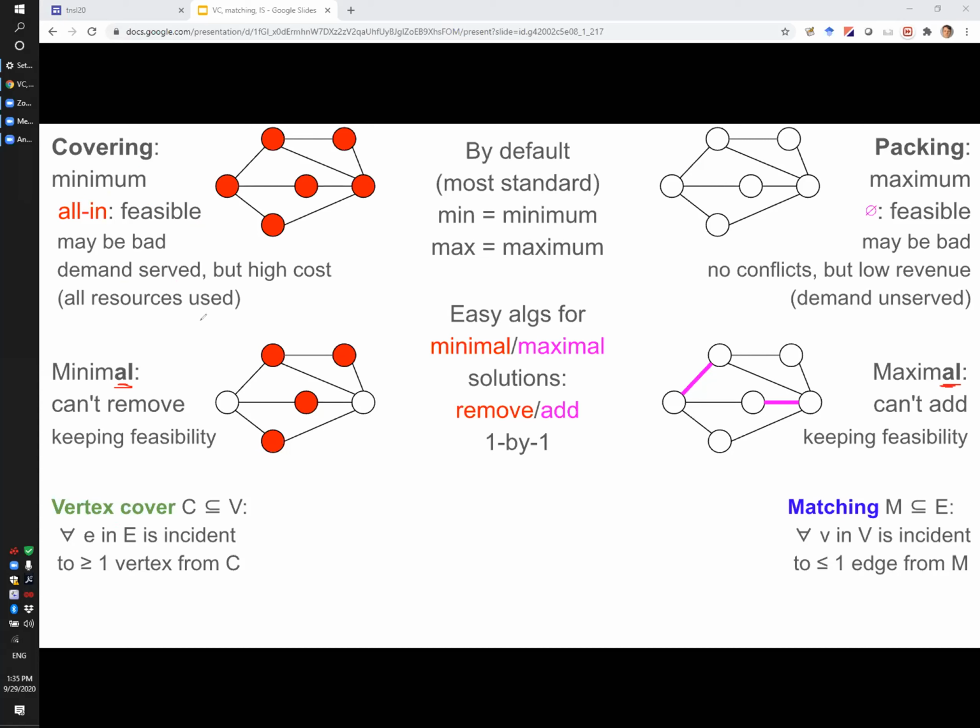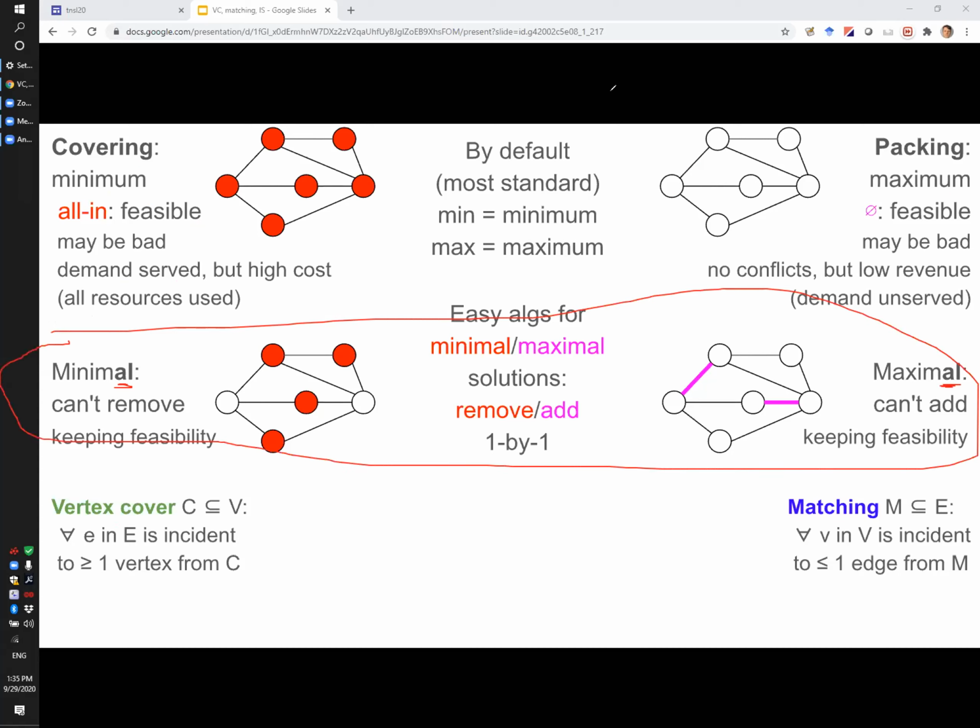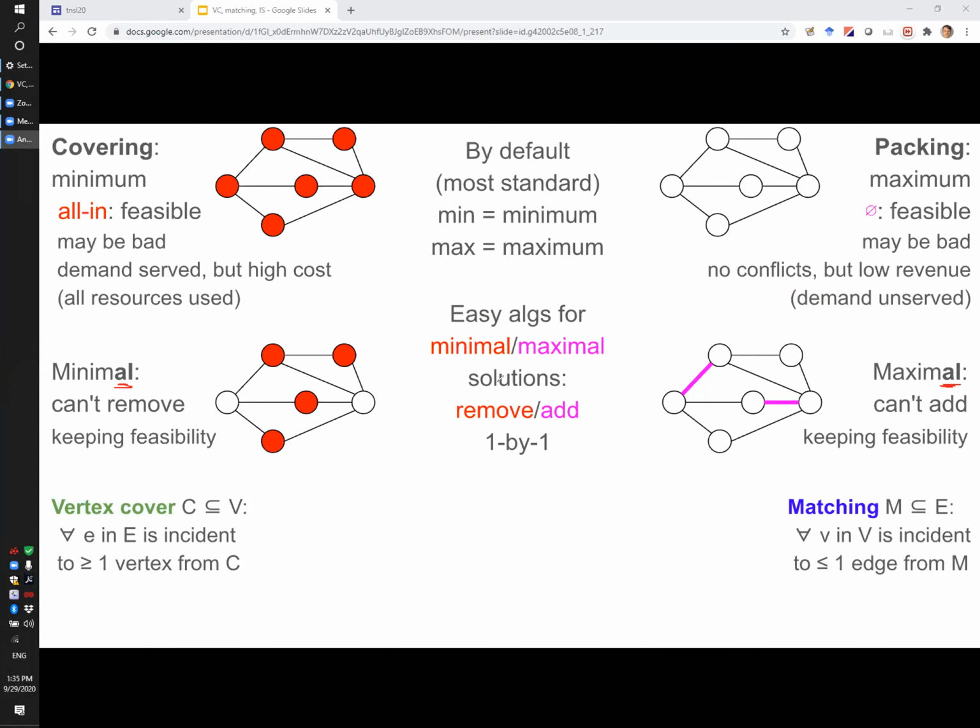And what I want to spend time on now is the difference between minimal and minimum, and similarly the difference between maximal and maximum.